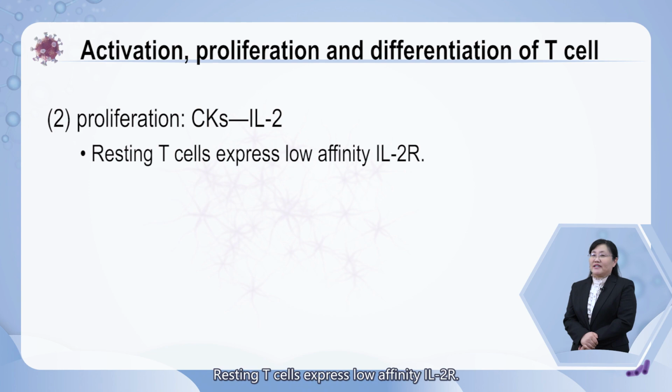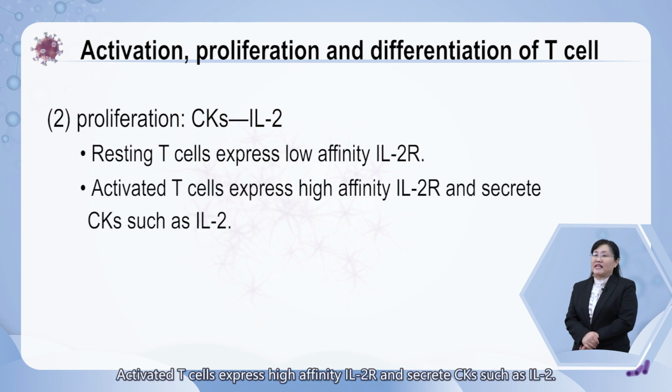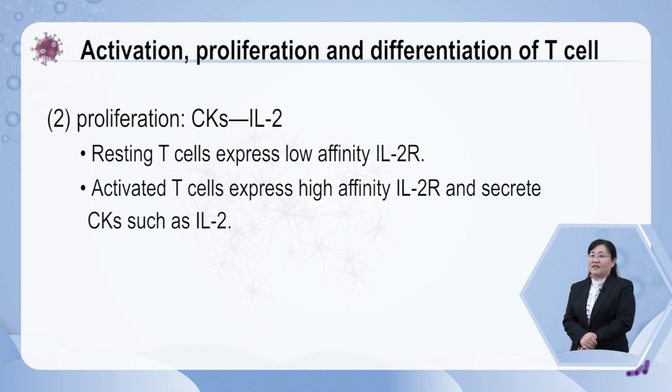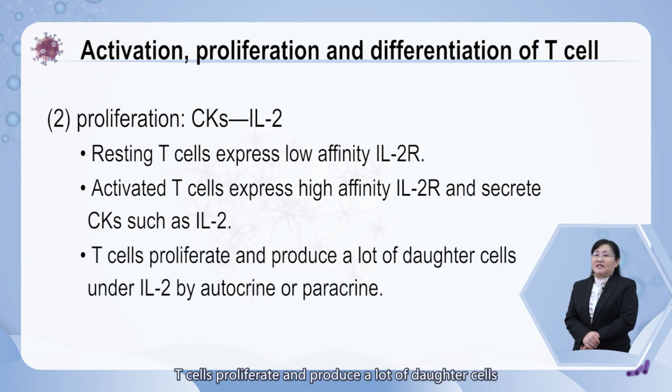Resting T cells express low affinity interleukin-2 receptor. Activated T cells express high affinity interleukin-2 receptor and secrete cytokines such as interleukin-2. T cells proliferate and produce a lot of daughter cells under the action of interleukin-2 by autocrine or paracrine.